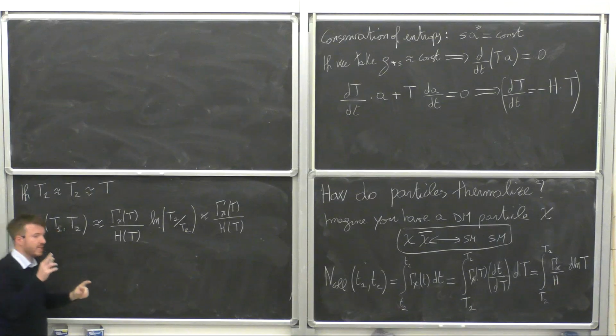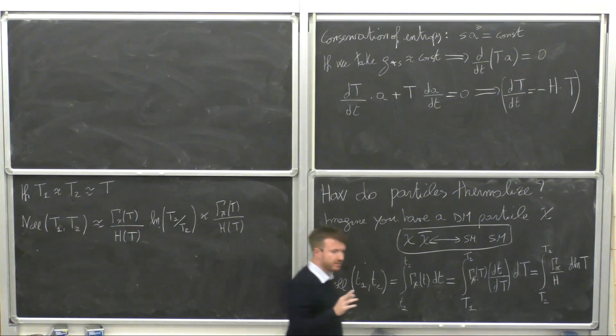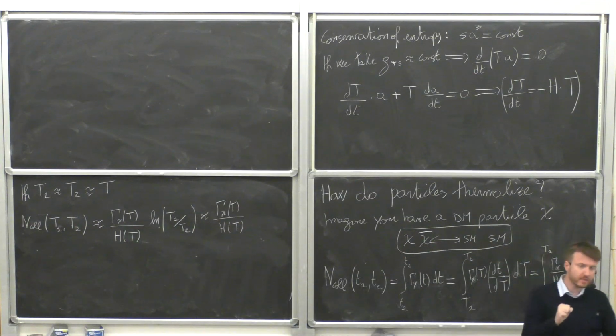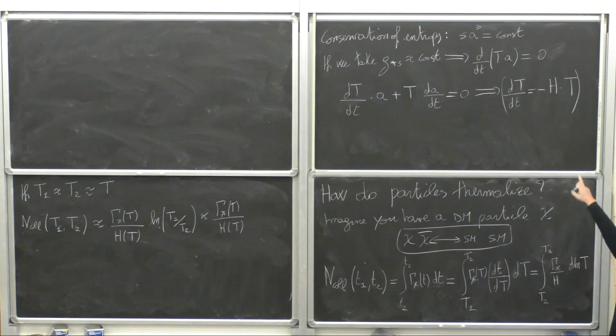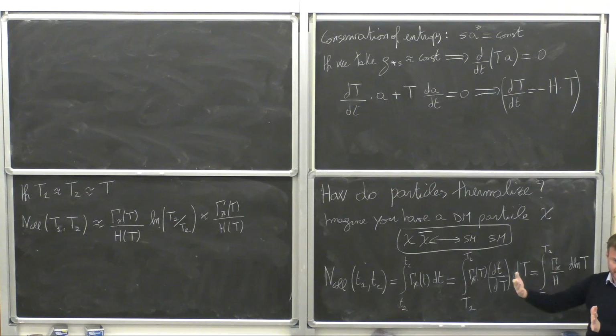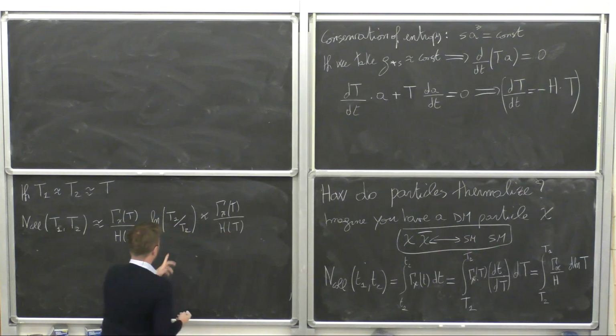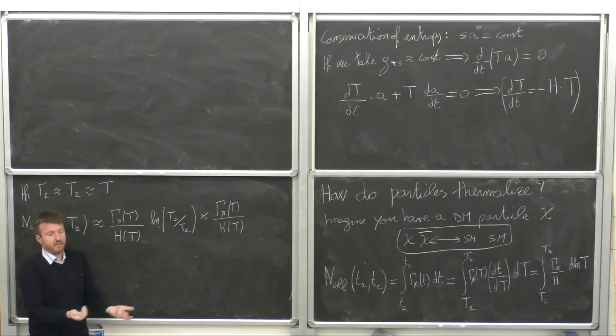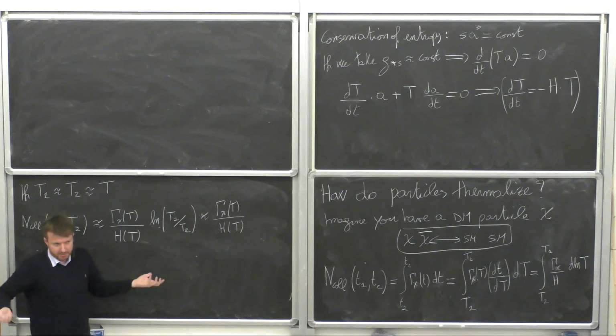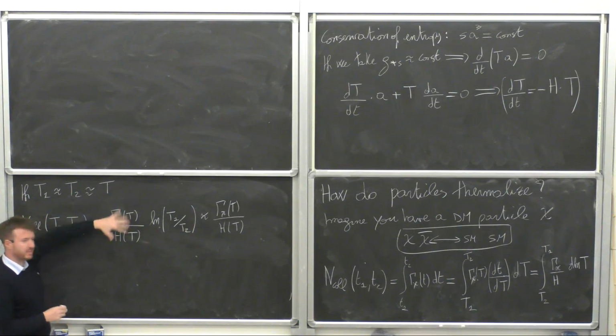This is actually interesting. You remember that T times a is constant, so you are taking the amount of time that is needed for the universe to double its size. That's the time scale of the expansion, okay? That's the kind of estimate I'm doing. And so the log of 2 is more or less an order 1 number.